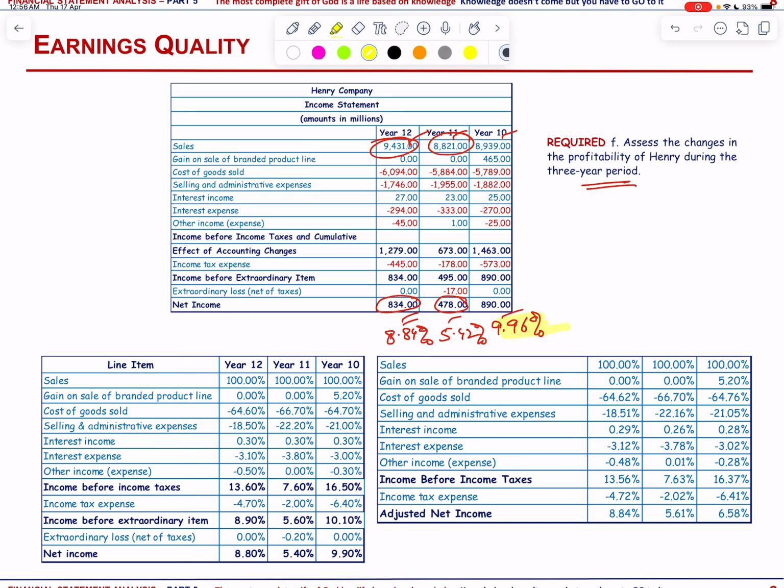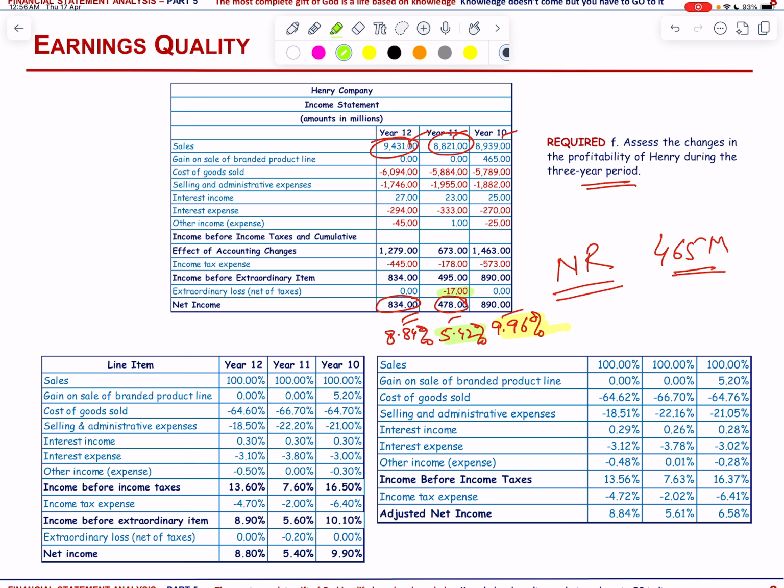So what we can observe is that year 10 shows a high profit margin, and this is largely influenced by the non-recurring gain of 465 million that we have explained in the beginning. Now, in the year 2011, the profit has dropped to 5.42, and this is driven by operational decline. If you can remember, there was an extraordinary loss of 17 million.